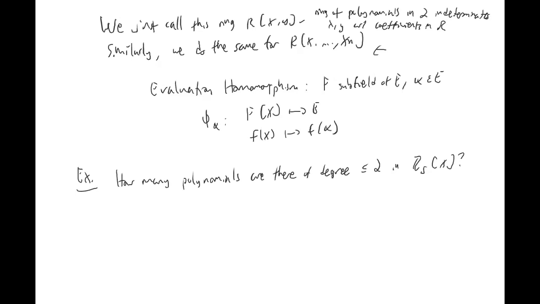Any ideas? So let's count. Does everyone agree that any polynomial of degree 2 or smaller is going to look like ax^2 + bx + c? If it was degree 1, then a is just 0. So how many choices for a do I have? This is a counting argument.